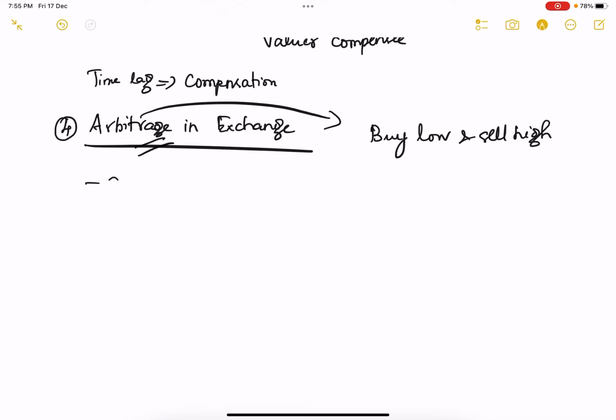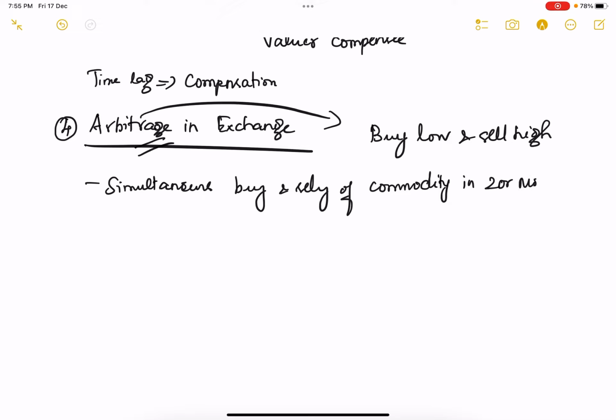So arbitrage is nothing but simultaneous buying and selling of a commodity in two or more markets to take advantage of temporary discrepancies in prices.